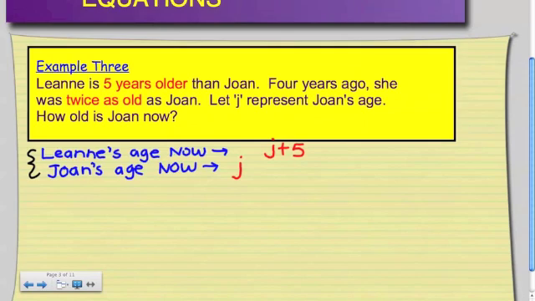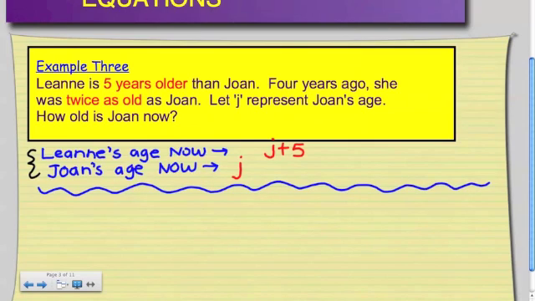Now, in order to solve this problem, we have to talk about 4 years ago. So, the situation 4 years ago. Now, how can we represent Leanne's age 4 years ago algebraically? What can we do with the terms that are on the board?